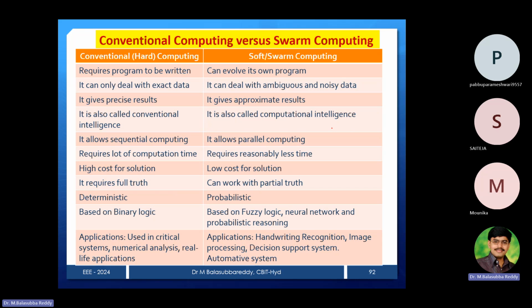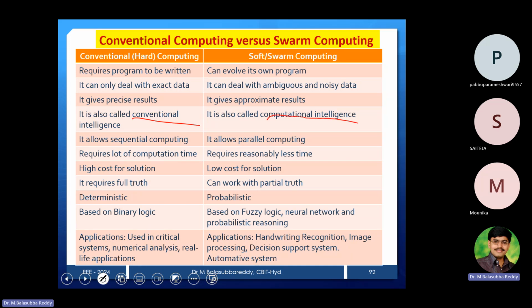Hard computing gives precise results, directly accurate, whereas soft computing gives approximate results. It is also called conventional intelligence, whereas soft computing is computational intelligence.